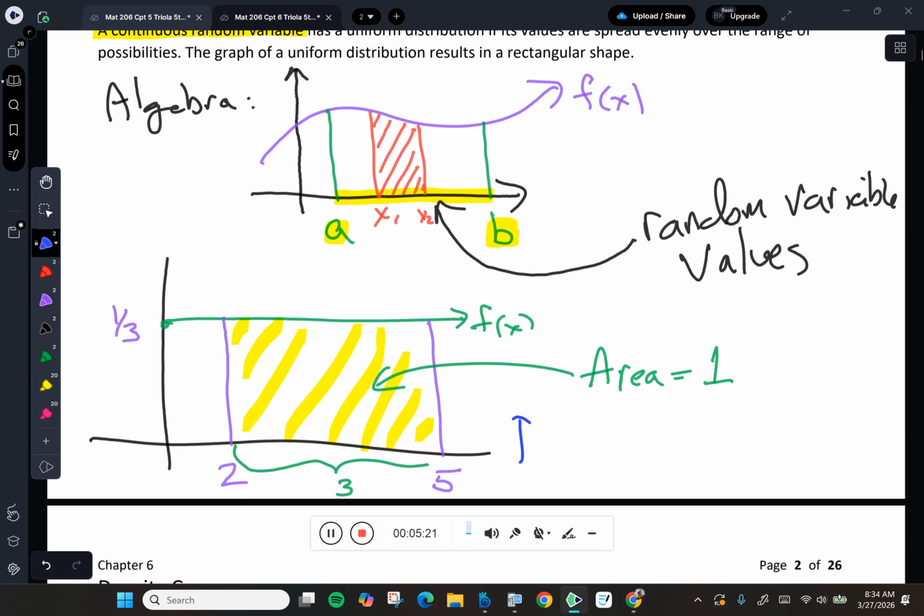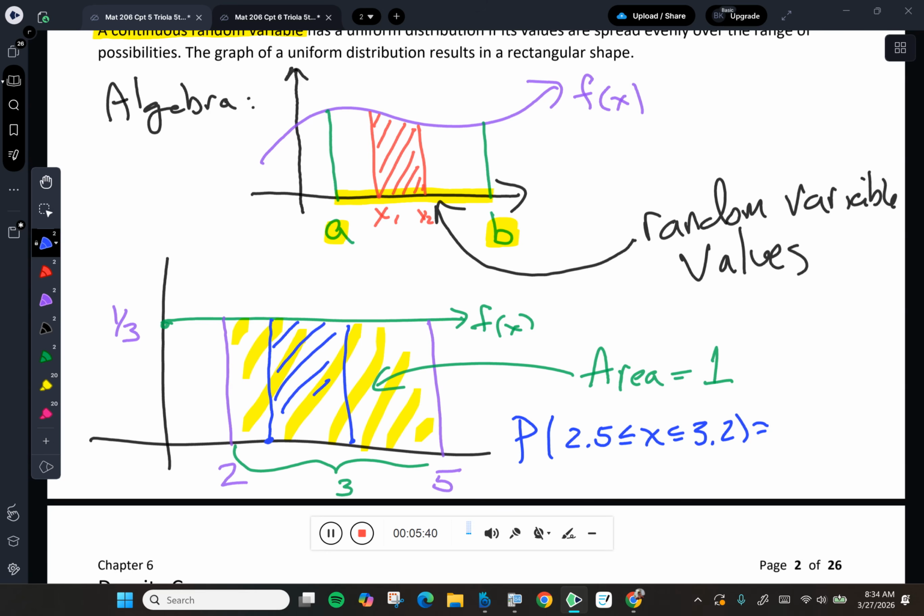What's the probability that 2.5 is less than or equal to x is less than or equal to 3.2? And I would say, okay, I'm going to find 2.5. There's 2.5 exactly. There's 3.2 exactly. What's the area of that piece right there?